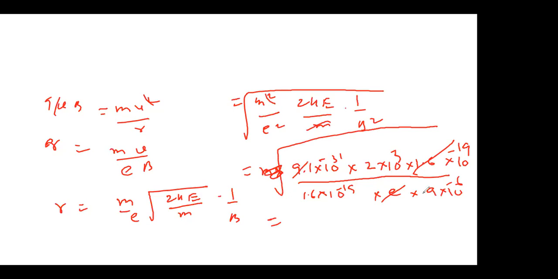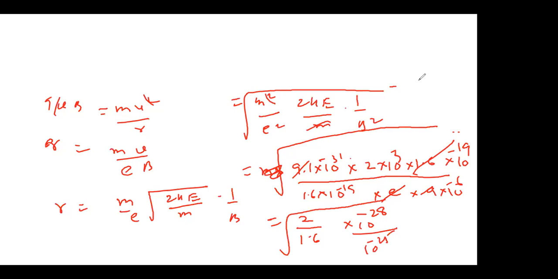Approximately 9.1 in this 9 cancel. So it is 2 upon 1.6, 10 raised to minus 28 upon 1.6 into 10 raised to minus 19, 6 and minus 6 is minus 25.